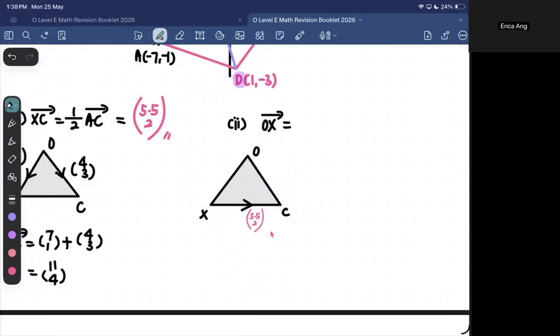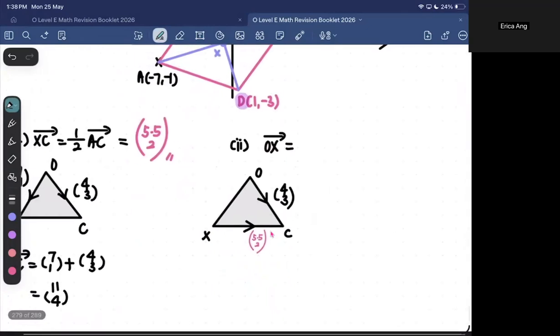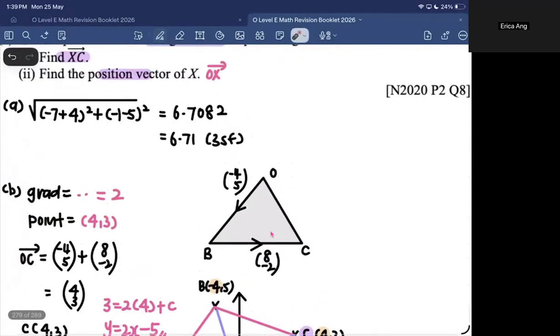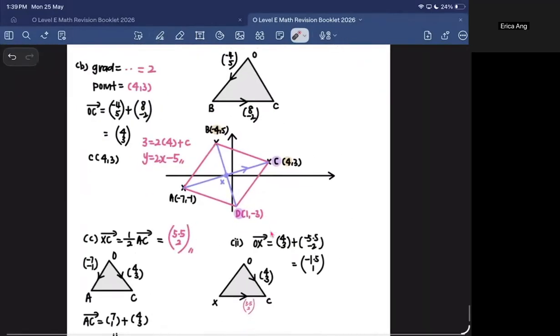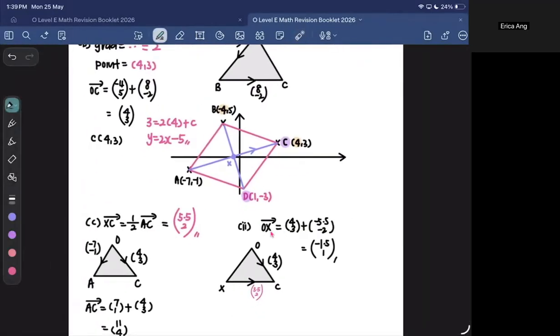OC is 4 and 3. So how do you find OX? OX is OC plus negative 5.5, negative 2. So at the end of the day, it will be negative 1.5 and 1. Did they want it in coordinates or column vector? Position vector. Okay, so we are done with this question.